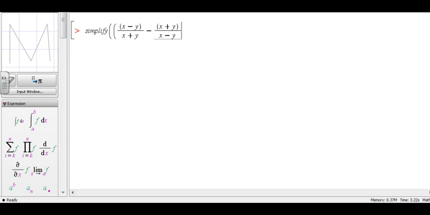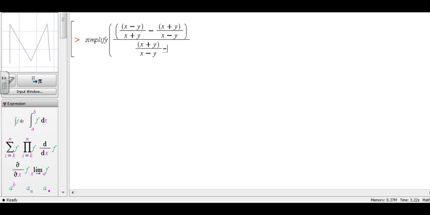Okay, and I've got a bracket, and I've got a divide by. Okay, and I got another bracket. Okay, and I've got x plus y. And I'm going to divide by x minus y. And then I'm going to subtract.